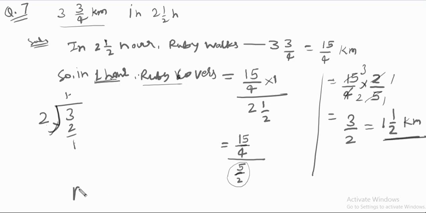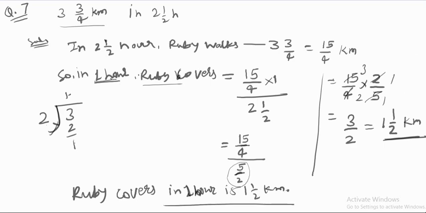You can write here: Ruby covers in 1 hour 1 1/2 kilometers. This is your answer.